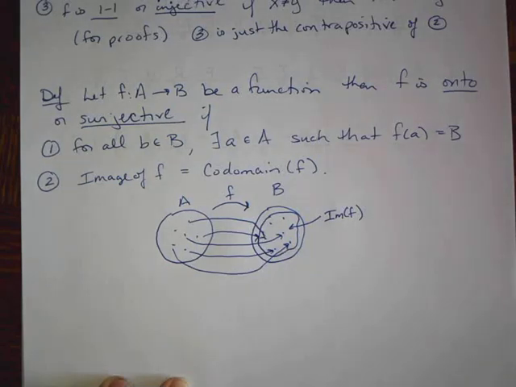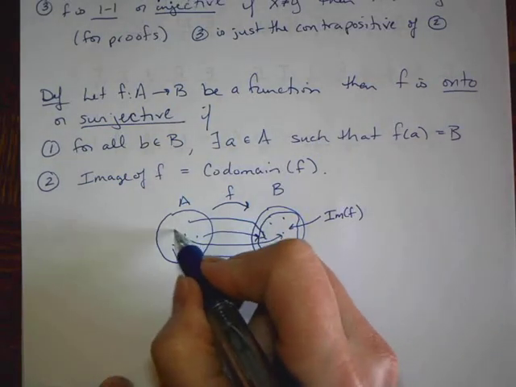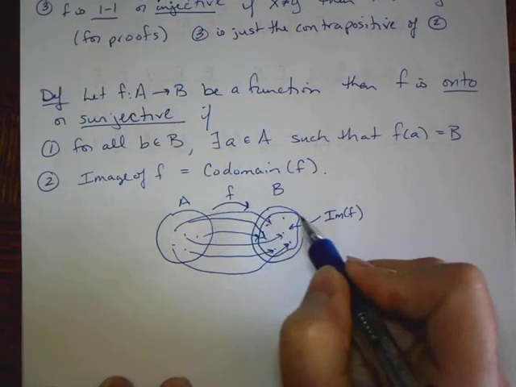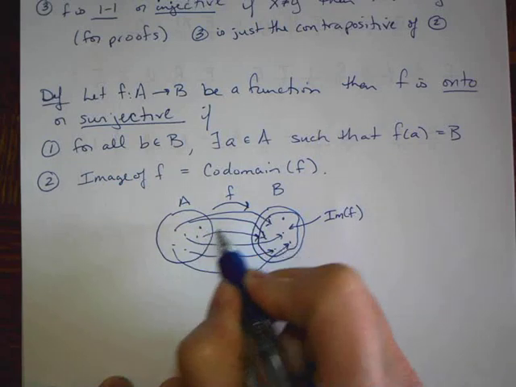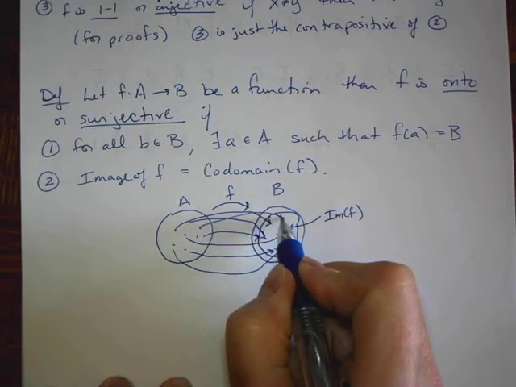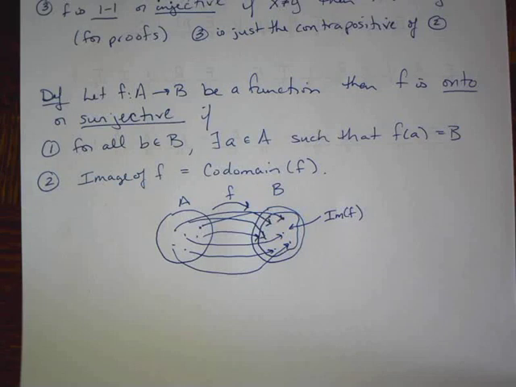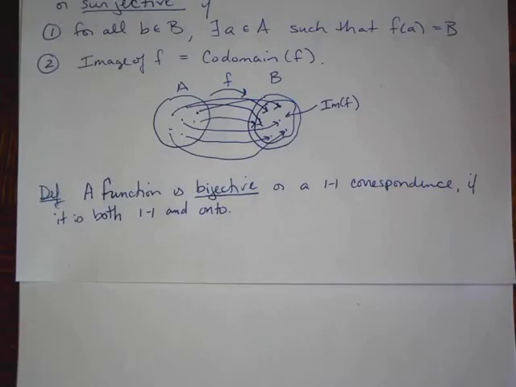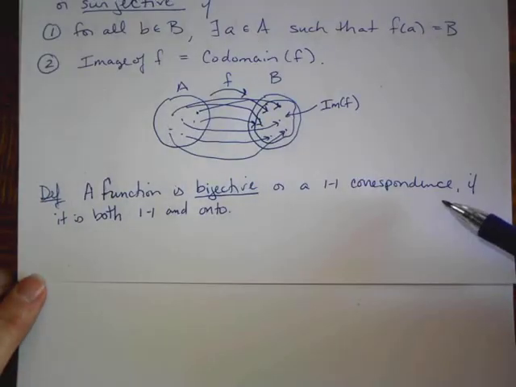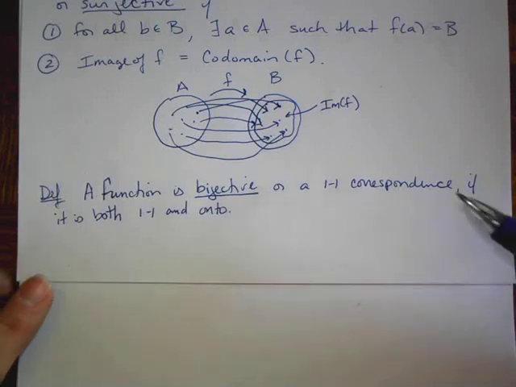So let's draw our little arrows here. Did everybody get hit? No, this one needs to be hit. And that one still needs one. I'm just going to make that up. There we go. Now the image is all of the codomain. So this function is onto.